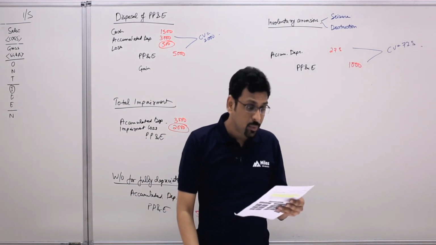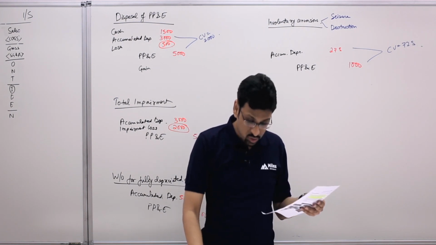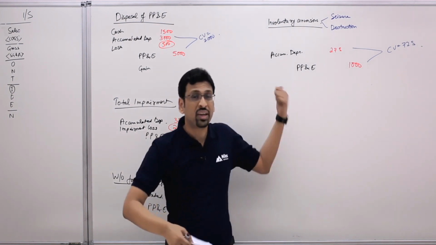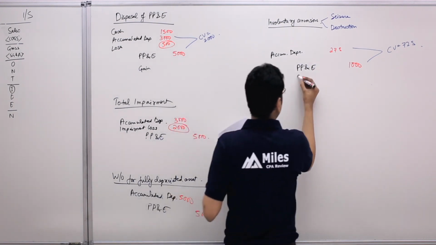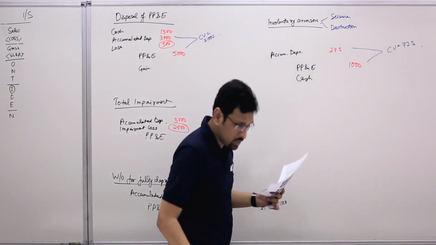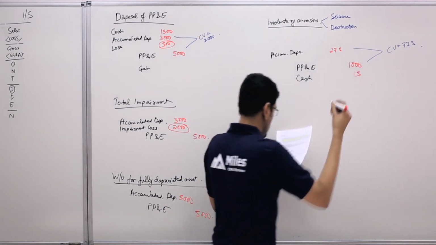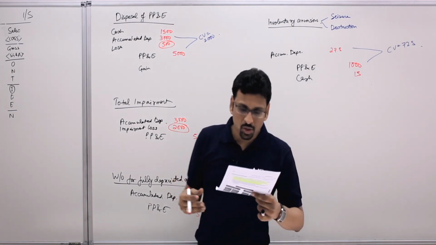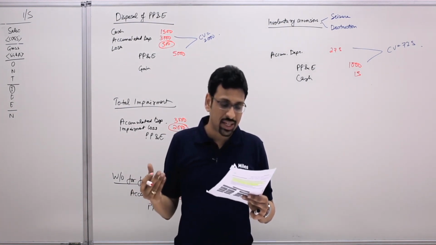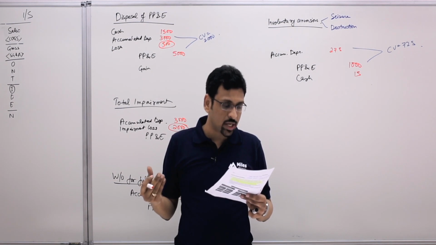Now it says removal of debris cost $15,000. Because it got converted to ashes, you have to have the ashes removed from the place, so you paid out cash to remove the debris. Then it says on 2nd of January 2011, the insurance company issued a check to World Company for $700,000.